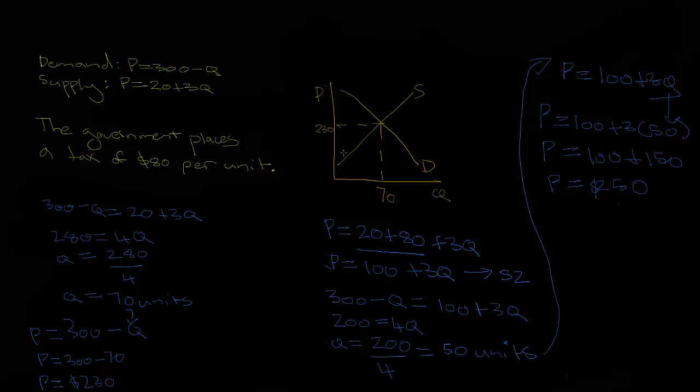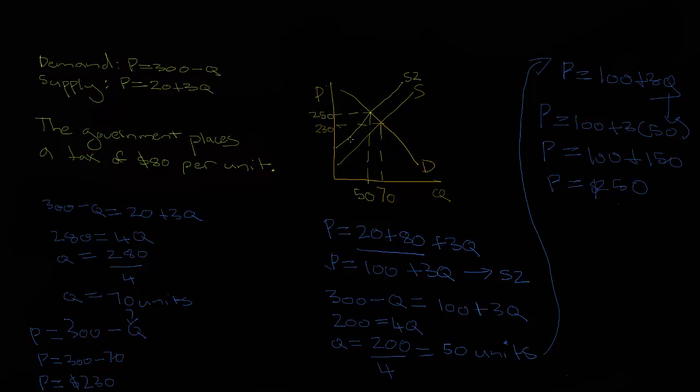So the supply is going to decrease, which means that it shifts inwards. So this is the new supply curve right here. We can label that S2. And this is the new equilibrium quantity, which is 50 units, and the new equilibrium price, which is $250.